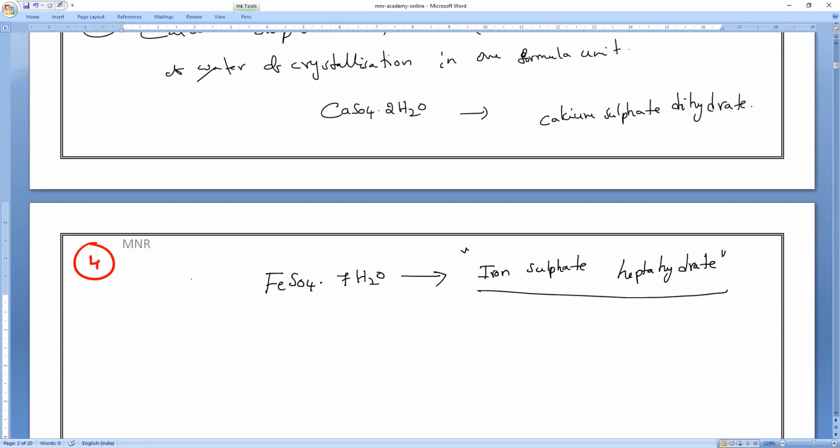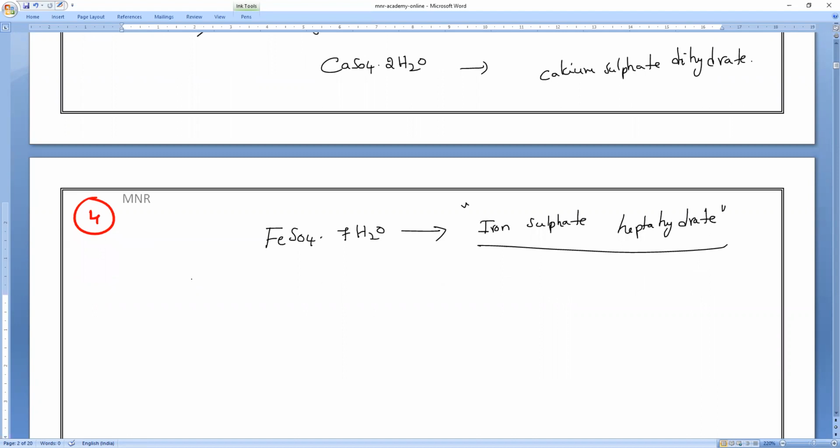It is a part of the crystal structure of a salt, so it is not present as free water, and it does not appear to be wet. Very, very important question. So the salts containing water of crystallization appear to be wet or dry?